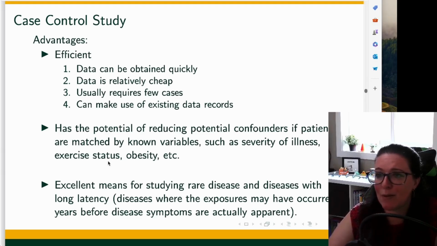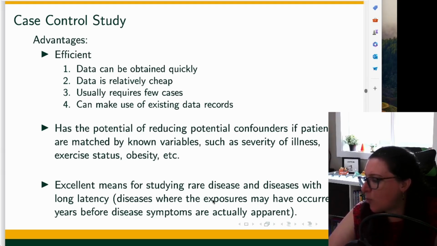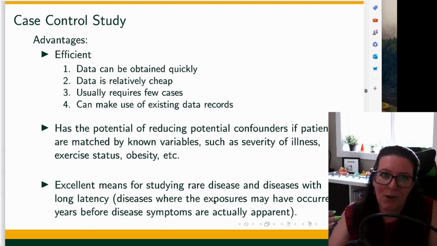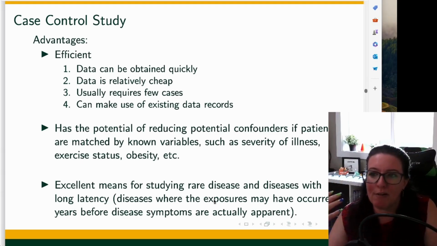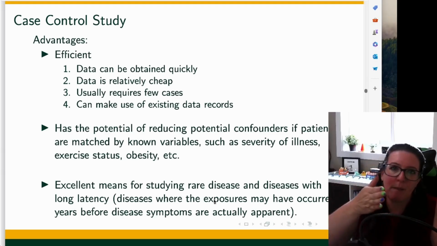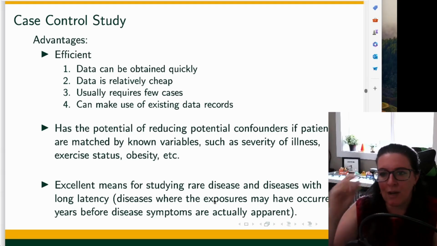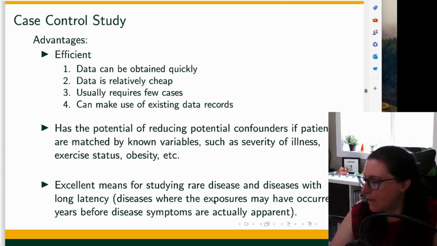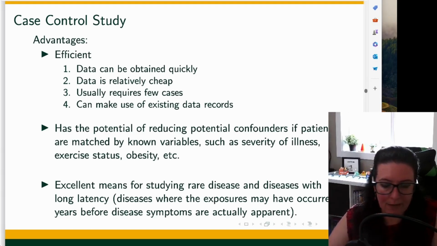So we can use it to study rare diseases, diseases that have long latency, diseases where the exposure may have occurred years before, right? So you don't have to track somebody for 50 years if you find people who already have that particular illness in terms of measuring that effect.